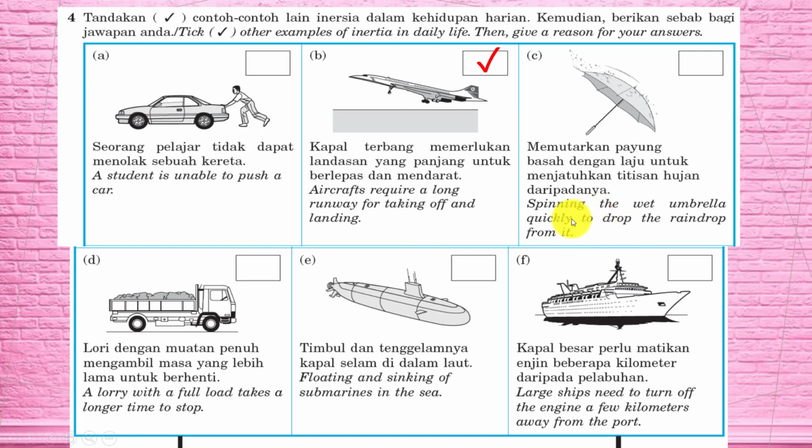Okay, the next one is spinning a wet umbrella so the raindrops fly off. When you spin the umbrella, you find the raindrops drop faster. After you stop rotating, they still drop. So it is also inertia. Okay, then this one: a lorry with full load takes a longer time to stop. Longer time to stop means it is too heavy already.